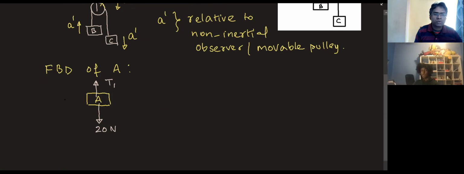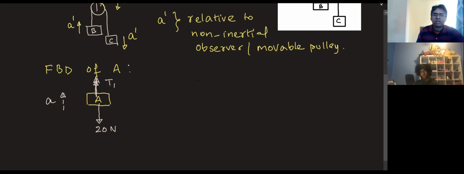Now here we are saying that block A is moving up with acceleration A. Actually, if you are writing a complete solution, the arrow T1 should be slightly larger, because that is dominating, as block A is moving up.